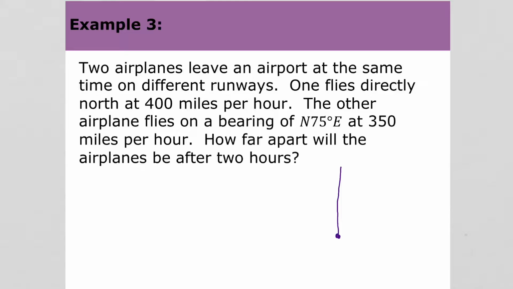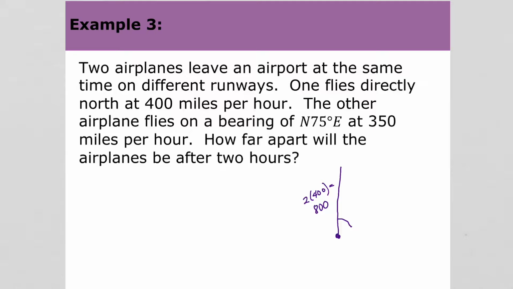And that airplane flies for 2 hours at 400 miles per hour. So how far away is it? 2 times 400. So this distance is 800 miles. The other airplane flies at a bearing of north 75 east.